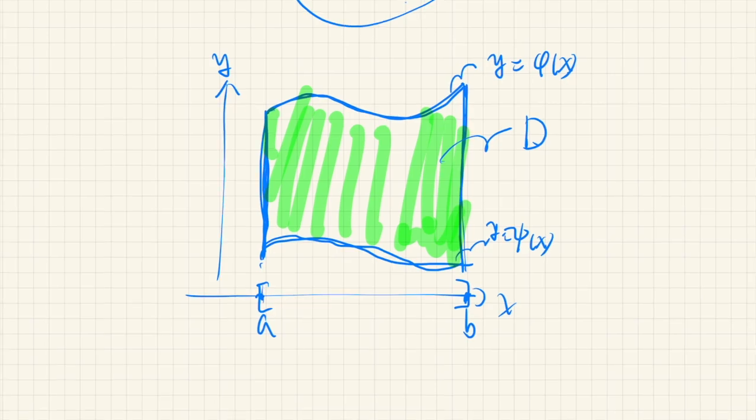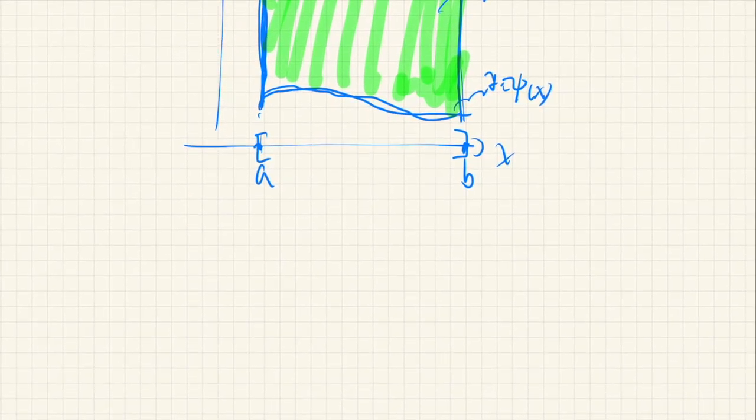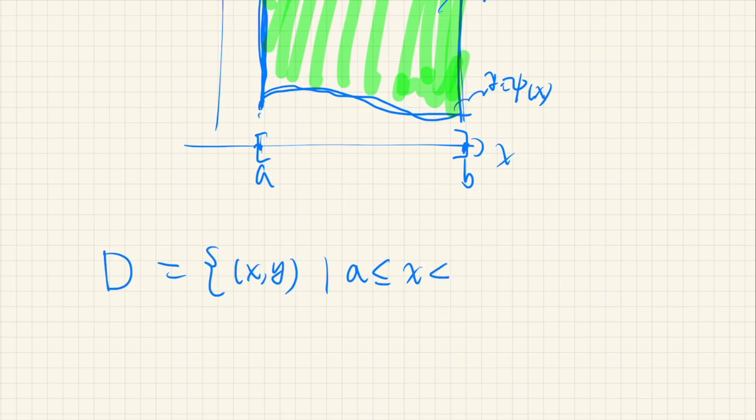More formally, this region can be written as this set of x and y such that x is between a and b, and y is between psi of x and phi of x.